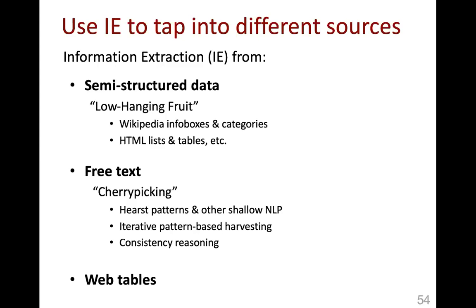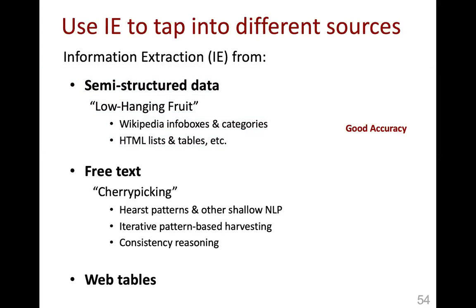So like in the earlier example, there was a phrase from Wikipedia, and inside the phrase we pick up one word and then we link it to WordNet. So that was cherry picking. But we also can have one hierarchy, another hierarchy, and we just need to combine them together. That would be semi-structured data linkage.